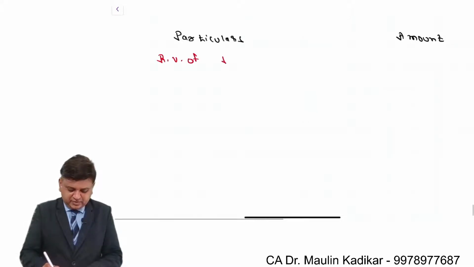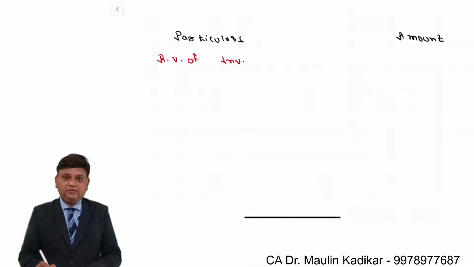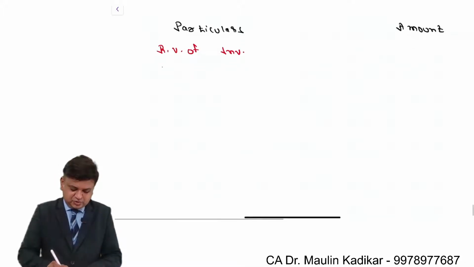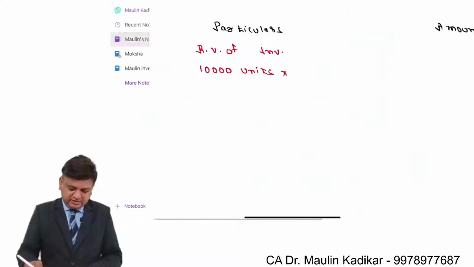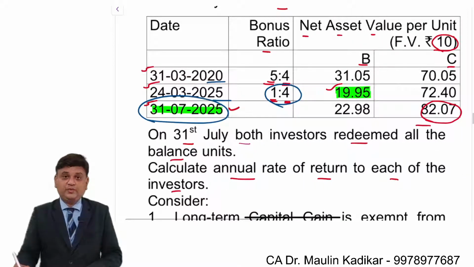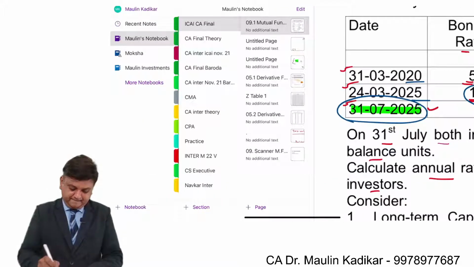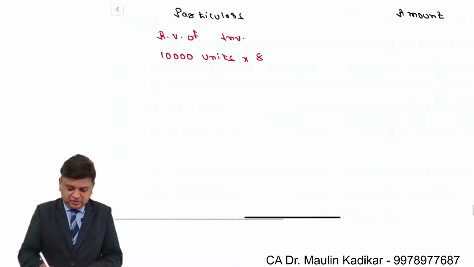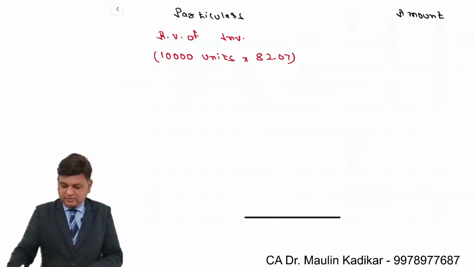In that, redemption value of investment: you will have the 10,000 units only at the time of redemption, multiplying with NAV per unit, which is 82 rupees 7 paise. So it is into 82.07. So that comes to 8,20,700.